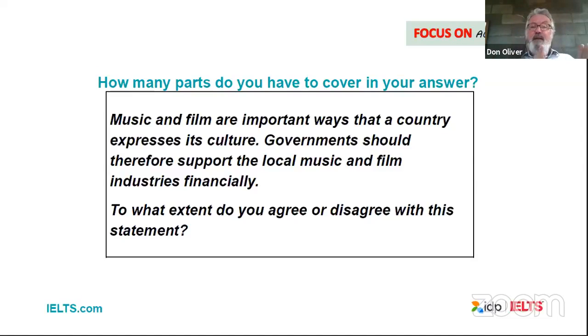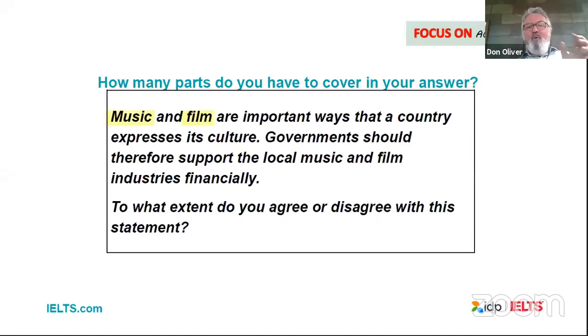Governments should therefore support the local music and film industries financially. This is the statement. This statement has 2 sentences in it. It's quite complex. How many parts do you have to talk about in your essay?